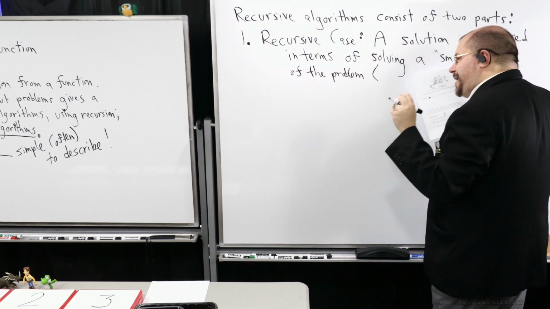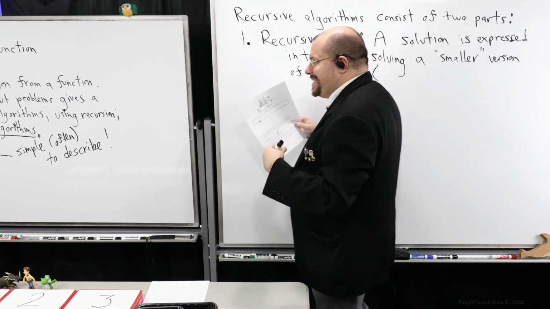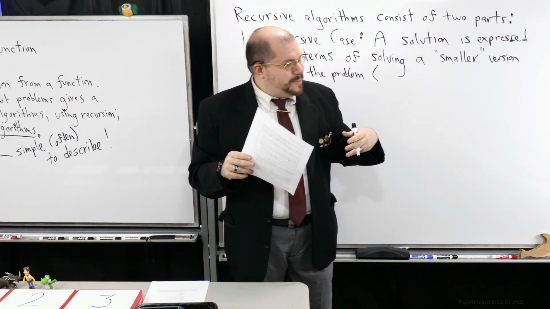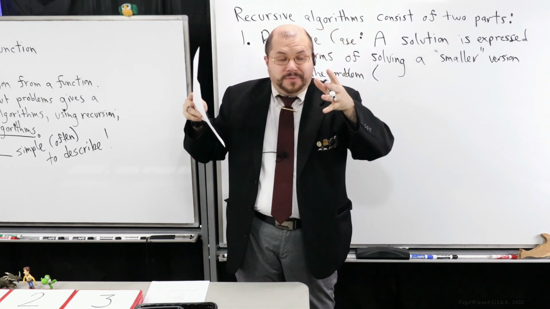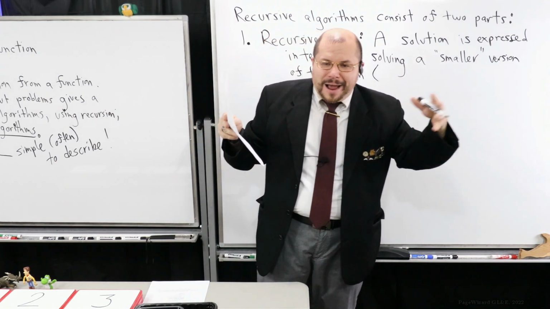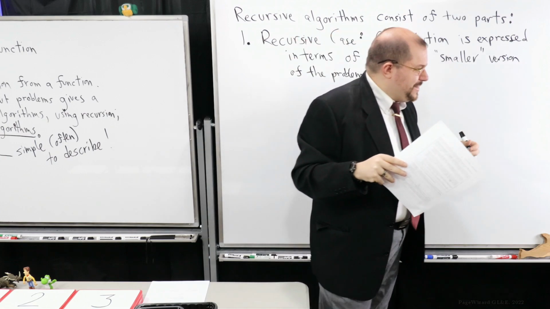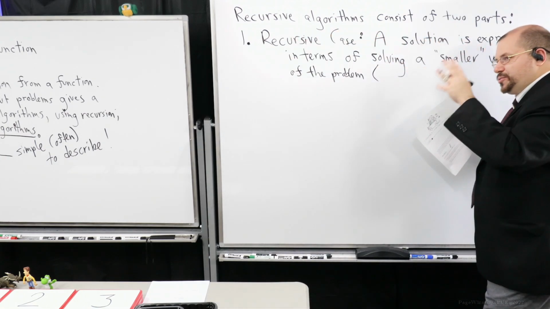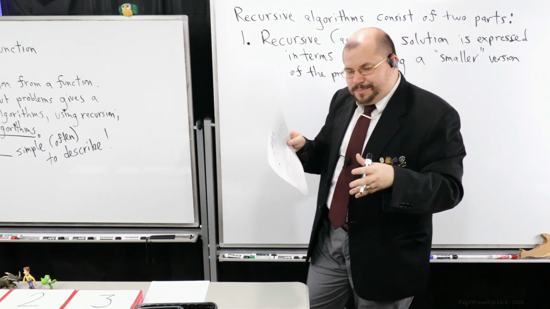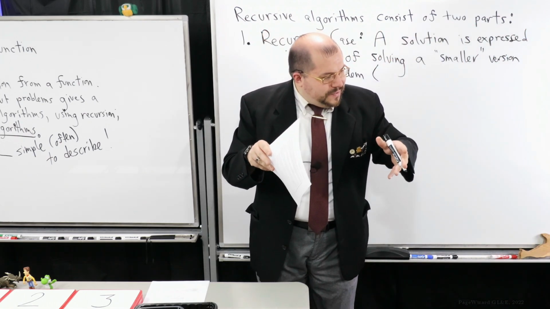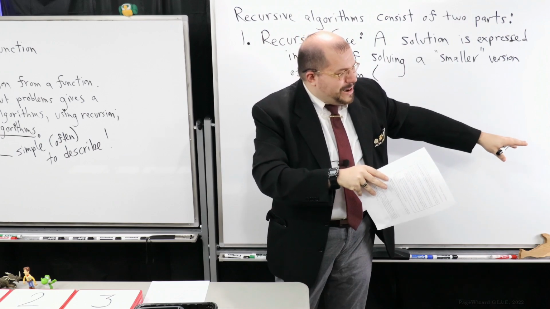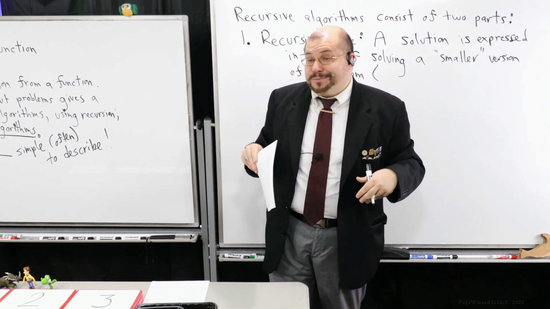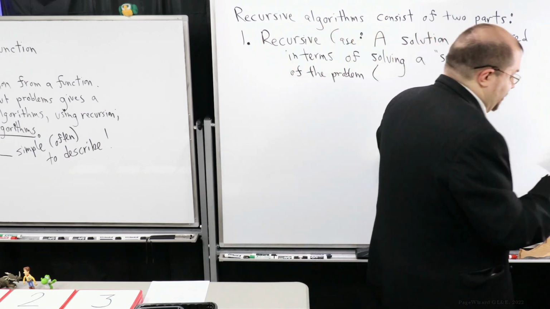Just to clarify what that means, we would like to be able to say, I've solved a bit of the problem, but I want to pass the buck on to somebody else that knows how to solve the problem, right? So very naturally, this recursive case solves a bit of it, and then passes it along to somebody else to handle it. Usually this is what we call the recursive call.